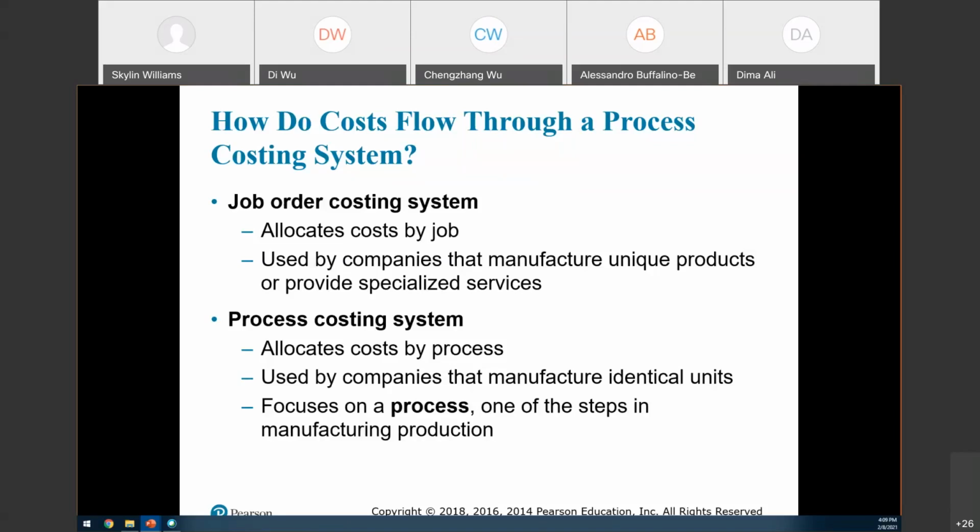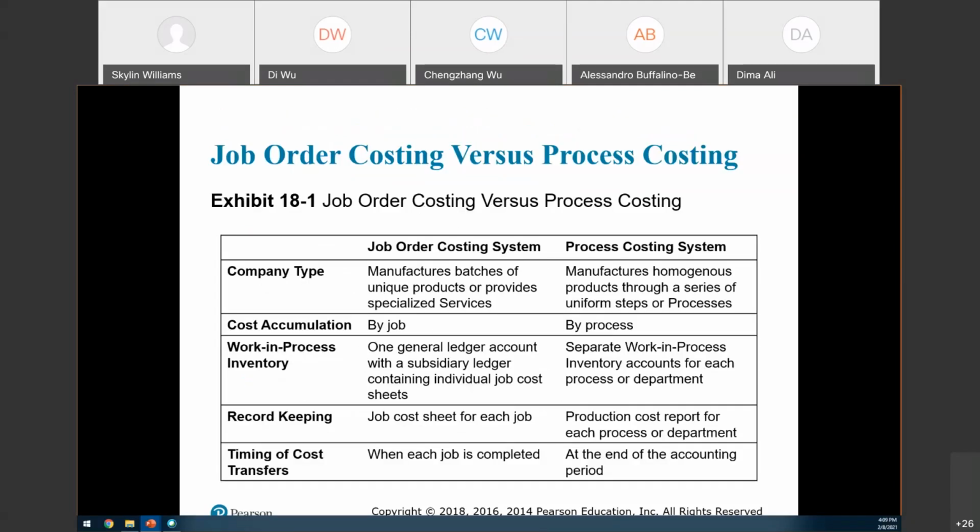A production cost report is completed for each process or department. So this slide summarizes the differences between job order costing and process costing.